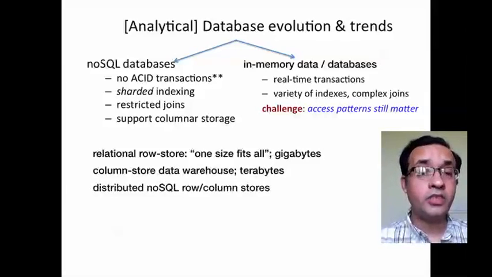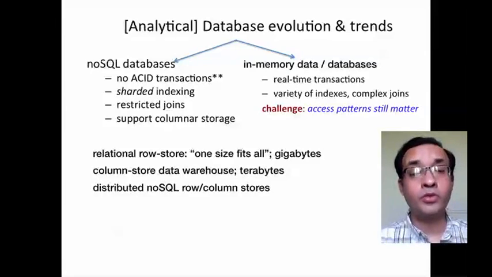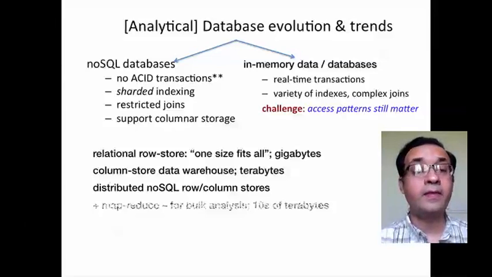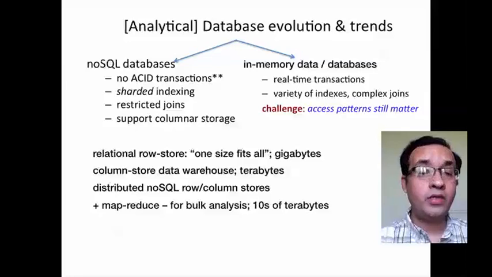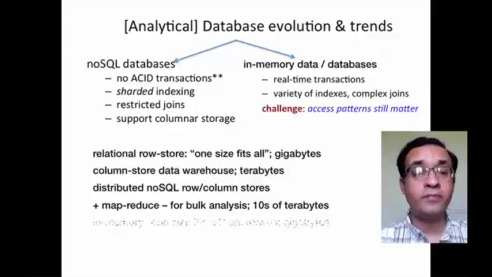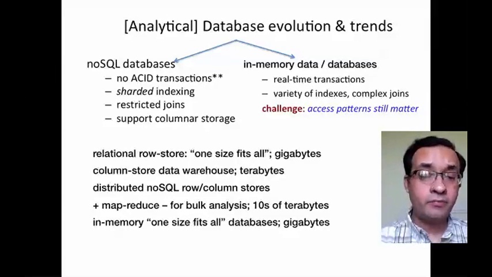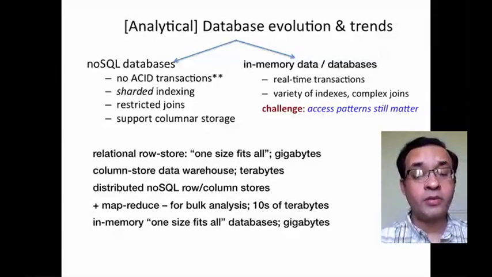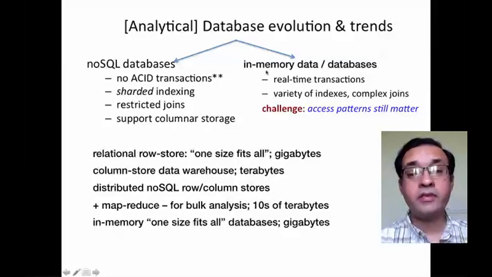And in parallel, we had distributed NoSQL row column stores, which essentially dealt with terabytes of data, but where you didn't really have to do joins. And when you wanted joins, you would do MapReduce, especially if you wanted to do joins for bulk analysis, and you could deal with tens of terabytes of data over there. In parallel, in-memory one-size-fits-all databases are also available, but they have their own challenges in terms of access patterns still mattering.